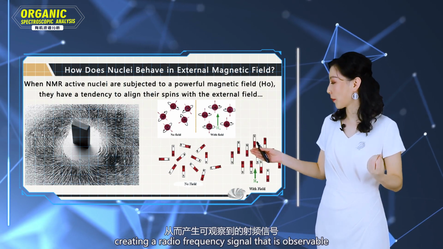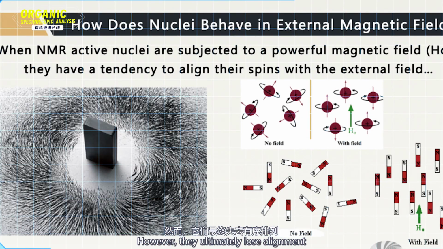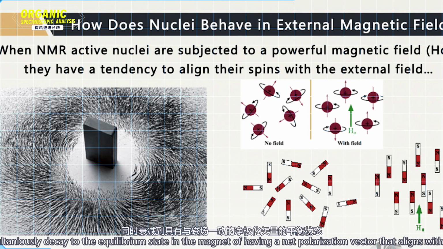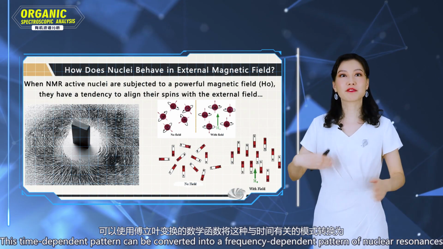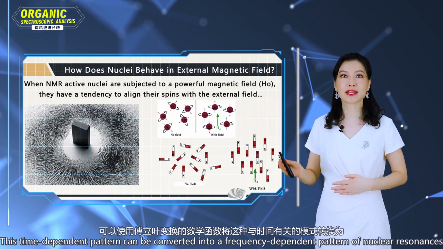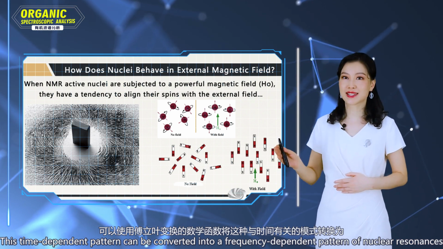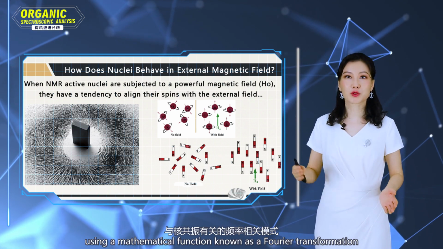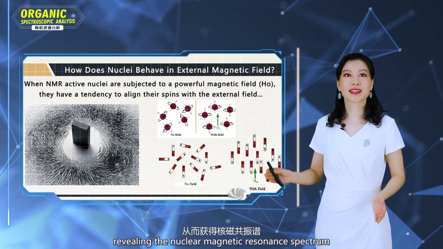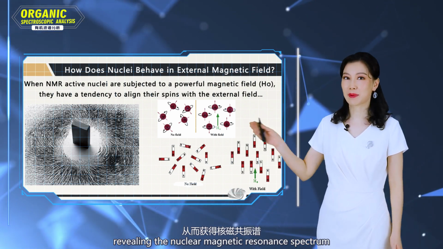However, they ultimately lose alignment and decay to the equilibrium state, having a net polarization vector that aligns with the field. This time-dependent pattern can be converted into a frequency-dependent pattern of nuclear resonances using a mathematical function known as Fourier transformation, revealing the nuclear magnetic resonance spectrum.